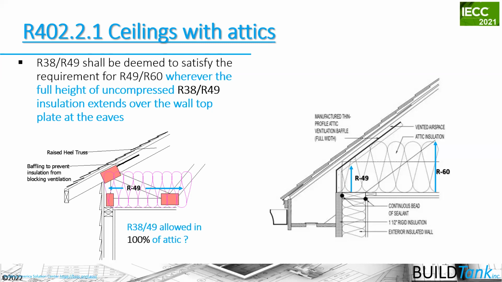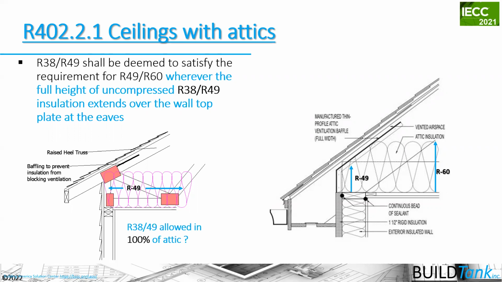I can do that, but it means that I can't use the R value table prescriptive compliance option in order to do that. I have to move to a more flexible option, which within the prescriptive section of the code is the area weighted U value trade-off option there.